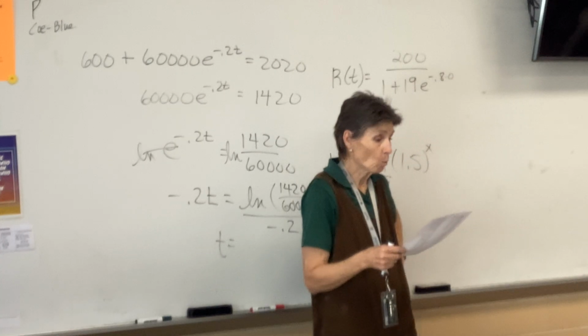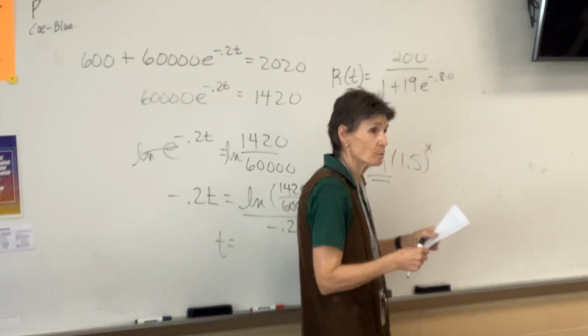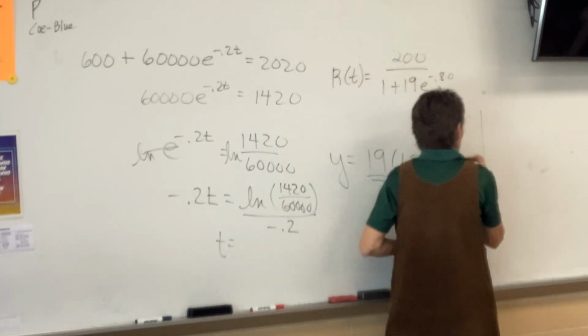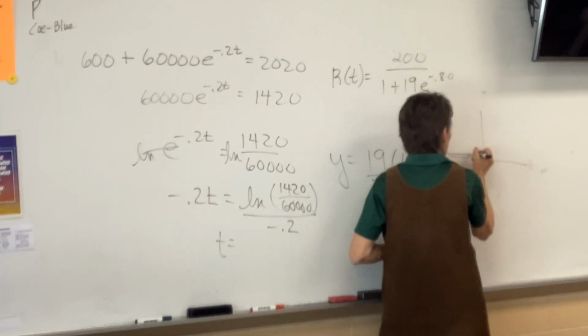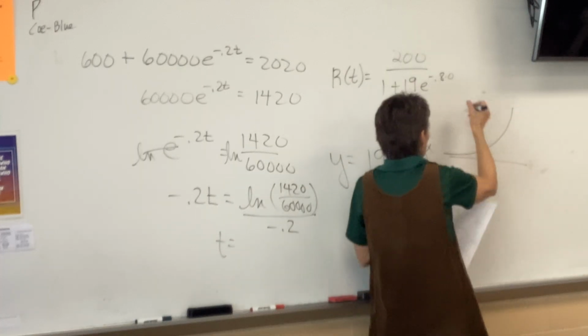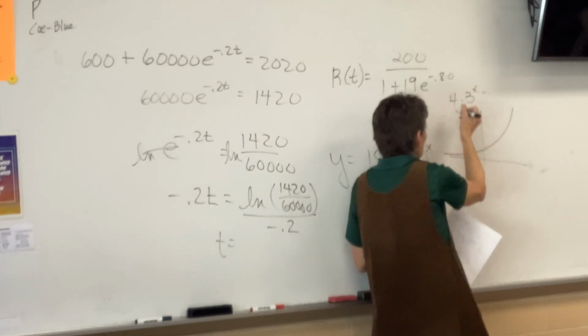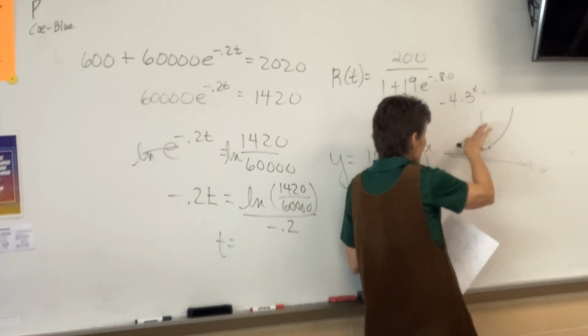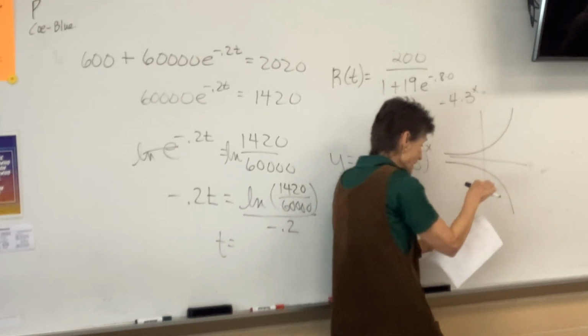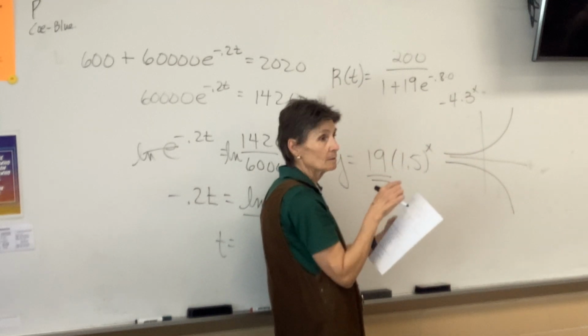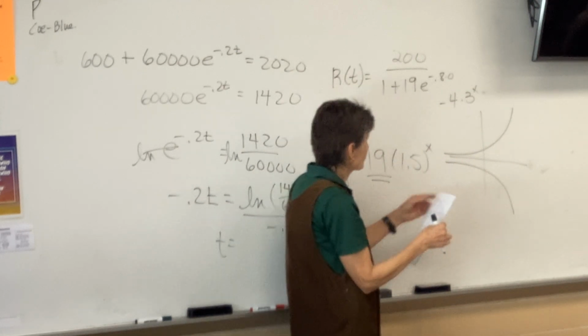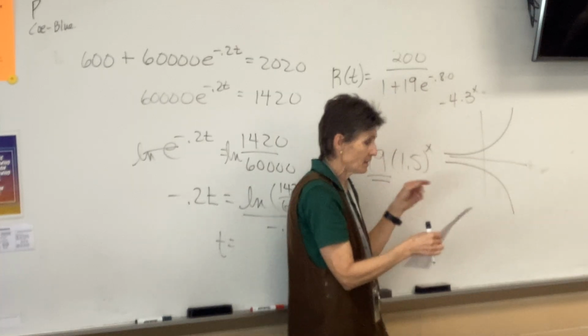C. I don't have those memorized. I know this is 4 times 3 to the x. That's exponential growth. If I make this negative, then that's going to turn this over. Is that C? Oh, that's B. So I think it would be B, wouldn't it?